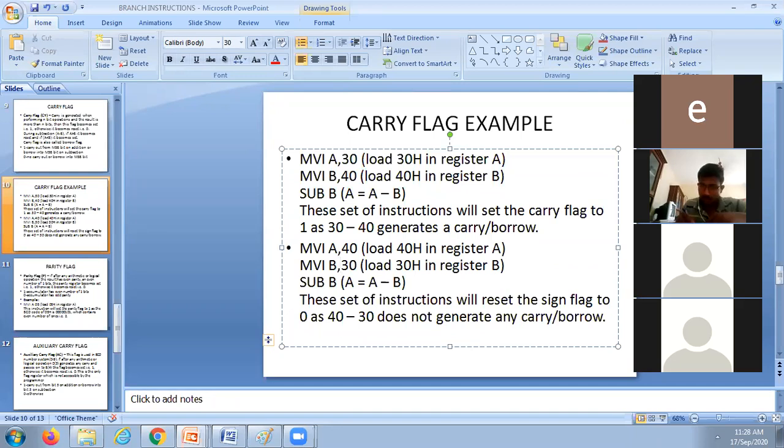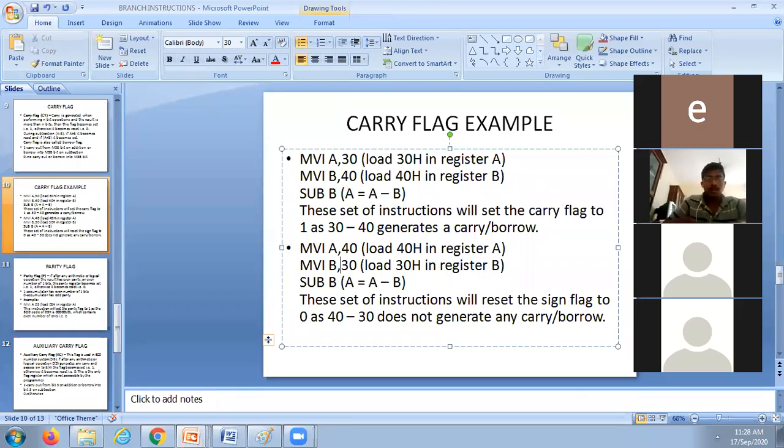If I write A minus B, how much is the result? Result is minus 10. Why? Because in the case of 30 minus 40, you need to take the borrow. It is minus 10.